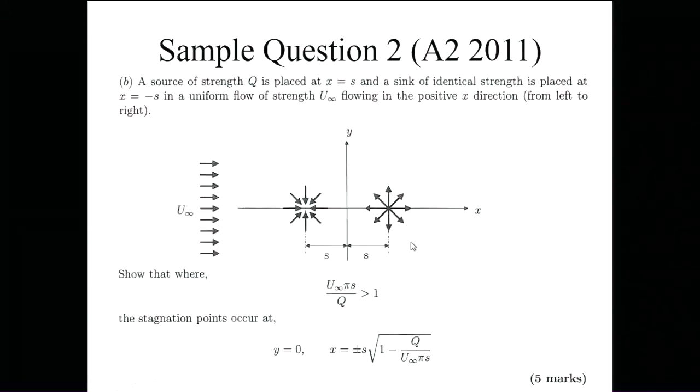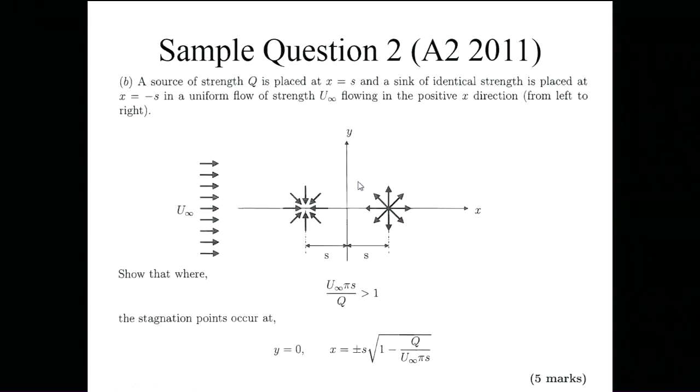And here's the tricky part. They have a flow field set up like this. We have a sink and a source, and both of them have the same strength of Q. And then we have a uniform flow coming from left to right, superimposed on it.